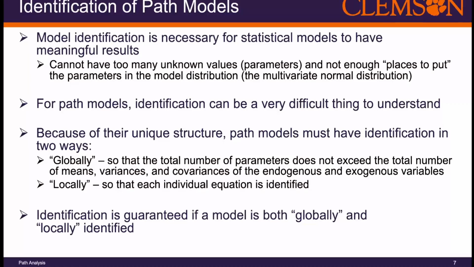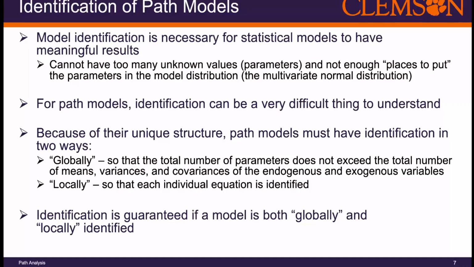If that difference is 0, we call that just identified, which is estimable. If that difference is positive, so the saturated model has more parameters than your model, that would sometimes be called over-identified, which would also be estimable. The bad case is where you have too many parameters in your model and not enough in the saturated model. That is unidentified. That is a bad thing to have happen.